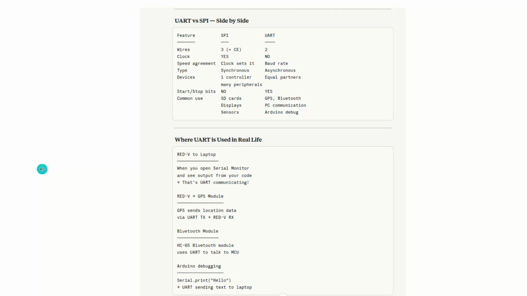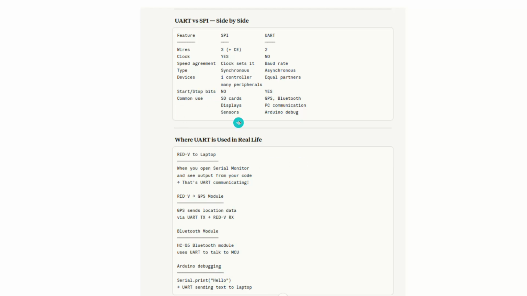In GPS we are sending our location data to the receiver, so on the receiver side we have the RX. For Arduino, if Serial.print is "hello" in the Arduino code, I am sending that text to my laptop through UART. So these are the real-world examples.